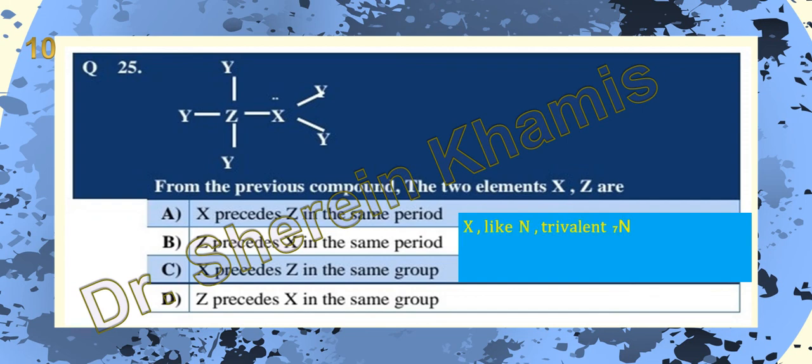X is like nitrogen, which is trivalent as it has 3 bonded pairs and 1 lone pair.